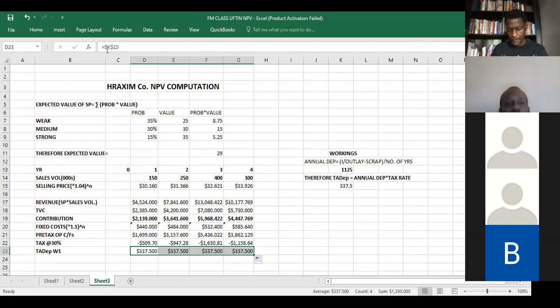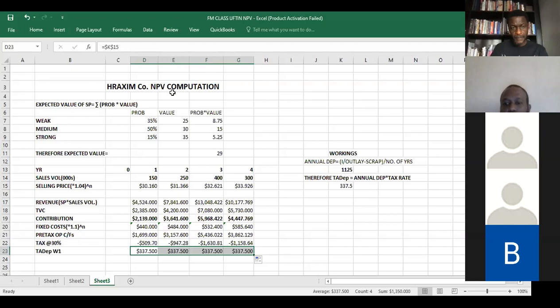You put it before the letter of the cell and before the number of the cell. So in this case, we'll put it before K and before 15. That is only the cell address that you are locking.